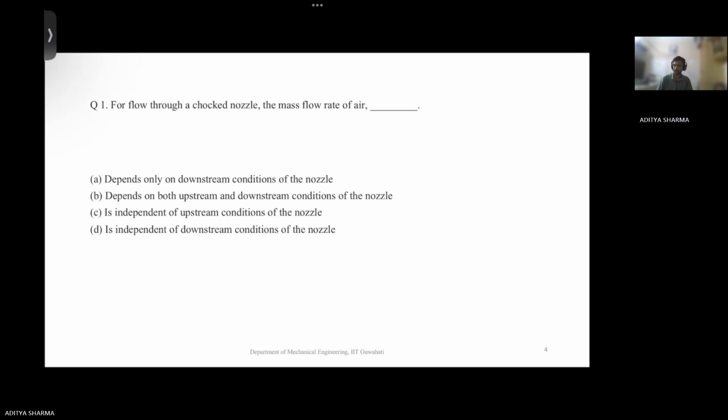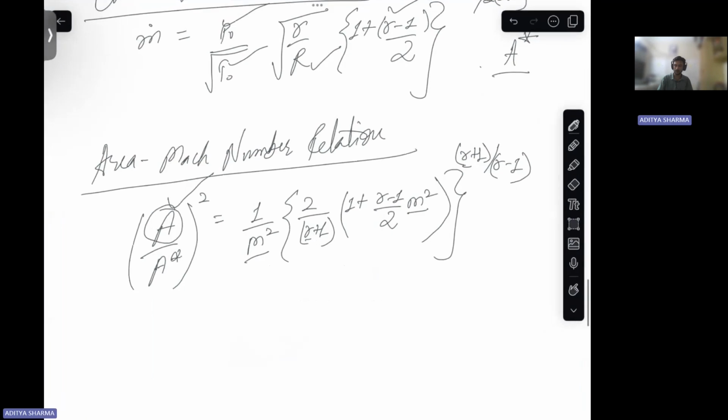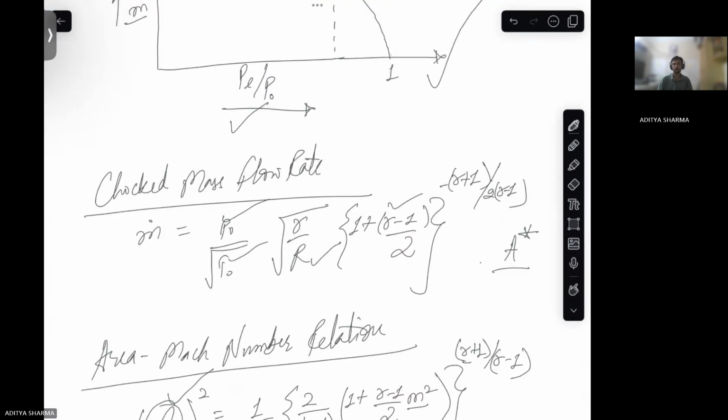So to answer this, we can visit the expression for choked mass flow rate.